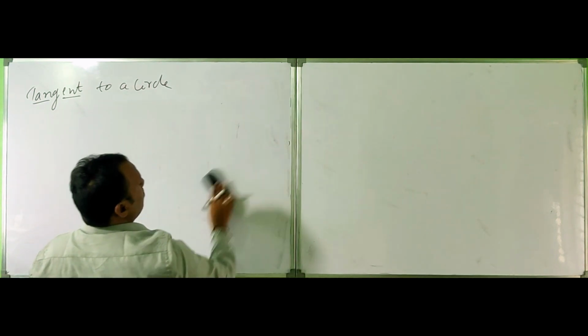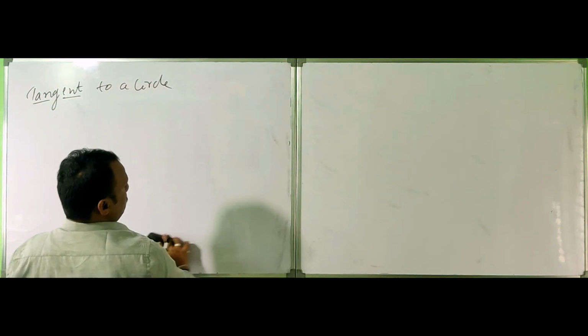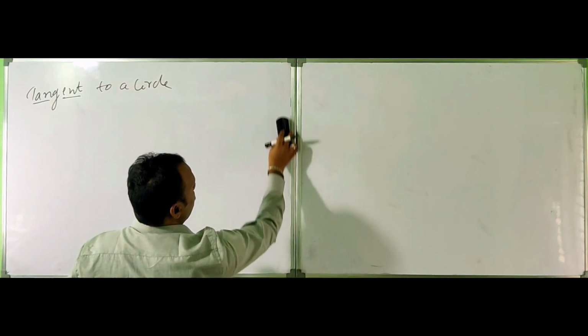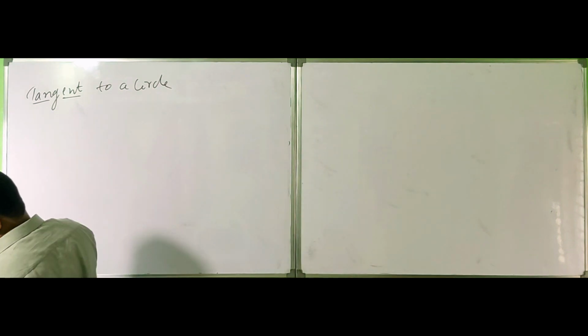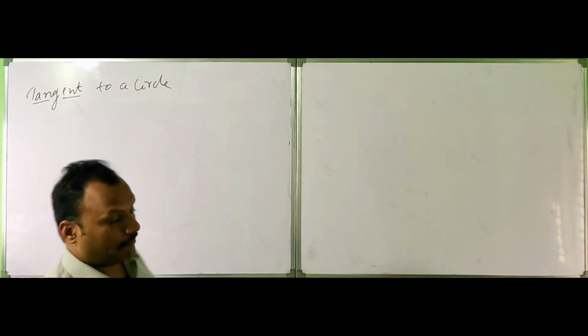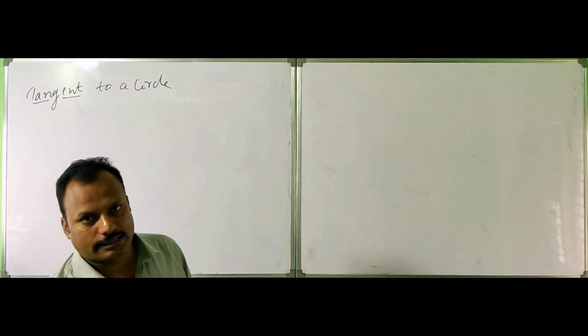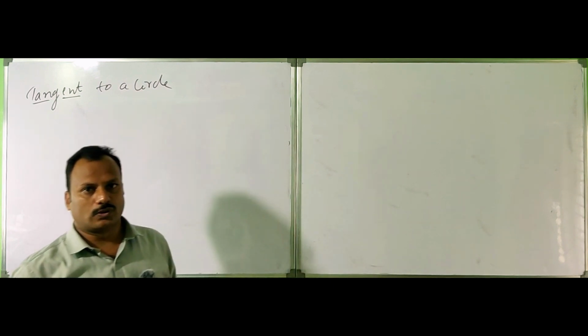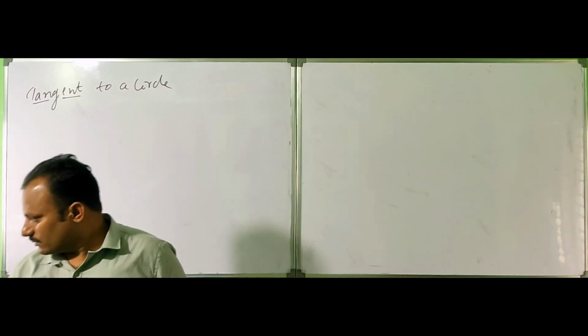The theorem is to show that the tangent drawn to the circle from an external point is perpendicular to the radius. We have to show it is perpendicular. What is the statement?